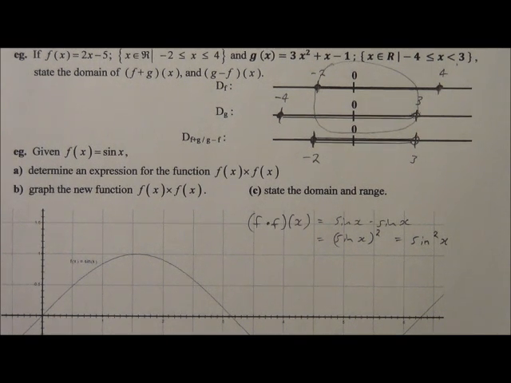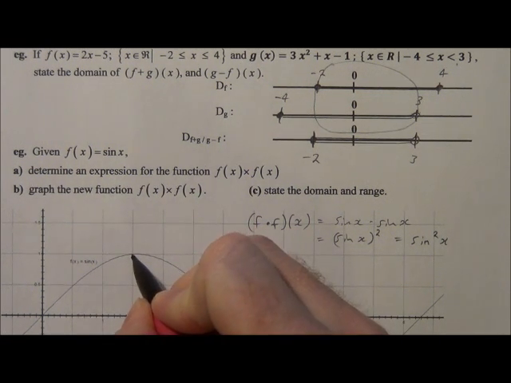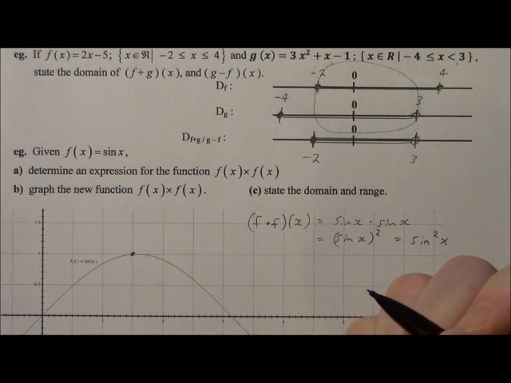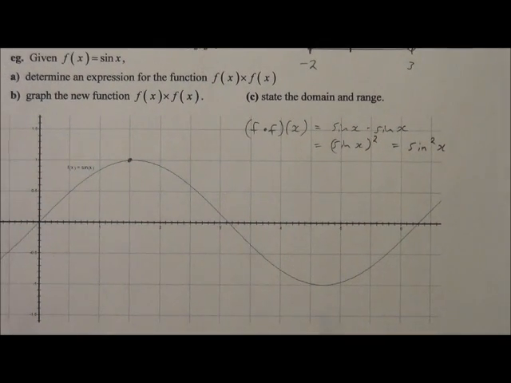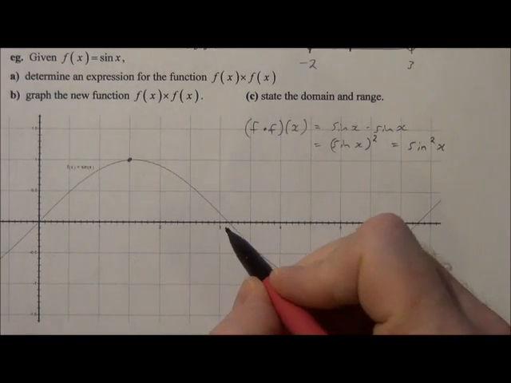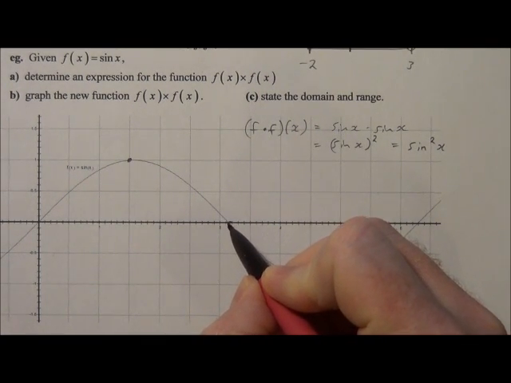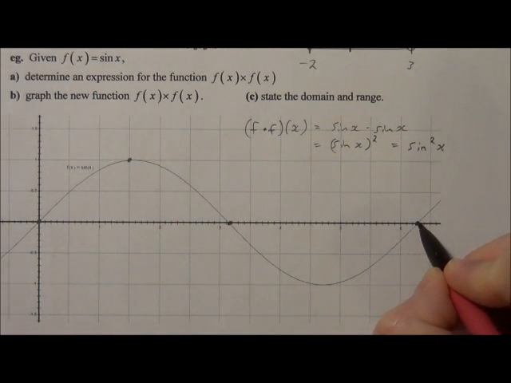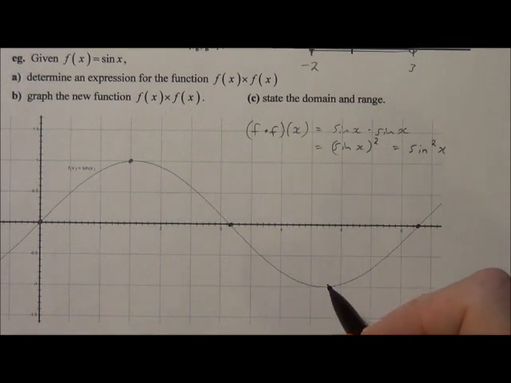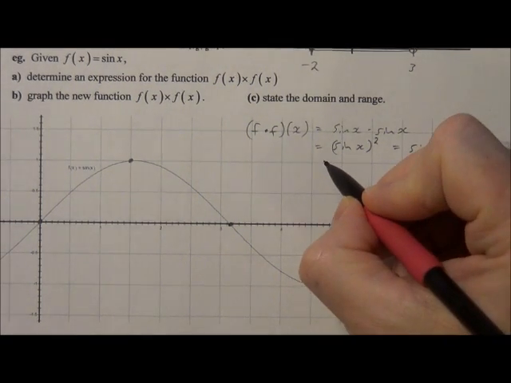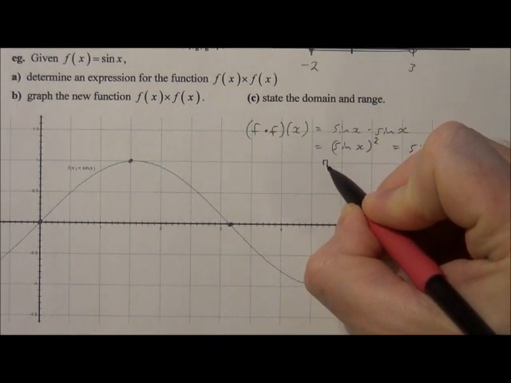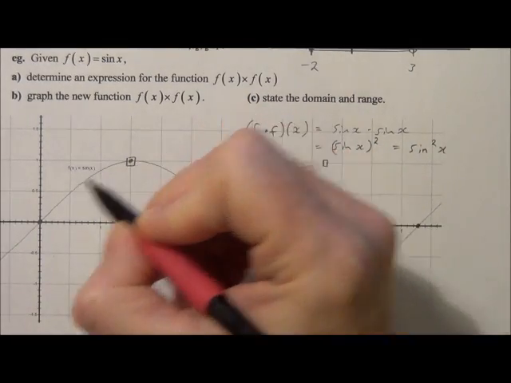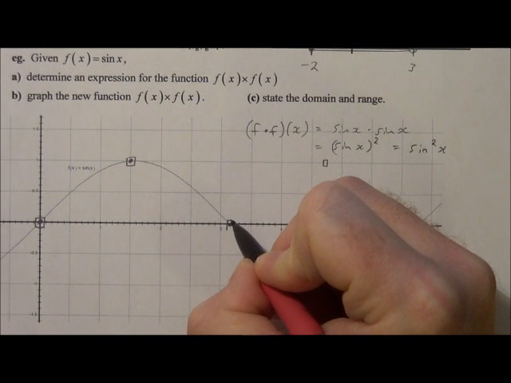So when we have the value of 1, 1 times 1 is obviously 1, so that is going to be a common point there. 0, where we have the zeros here, 0 times 0 is going to be 0 for all of those points. And here at -1, -1 times -1 is +1, so that point is actually going to be up here for the new function. Maybe I can just put squares around these to show the coordinates of the new function.